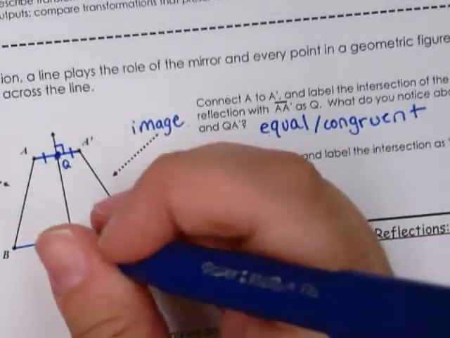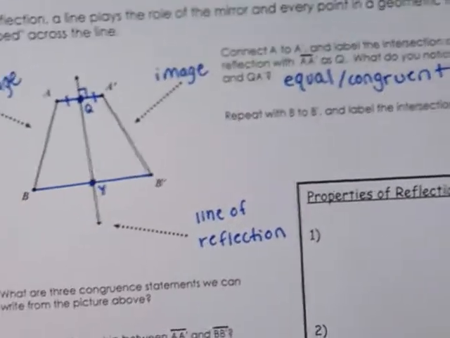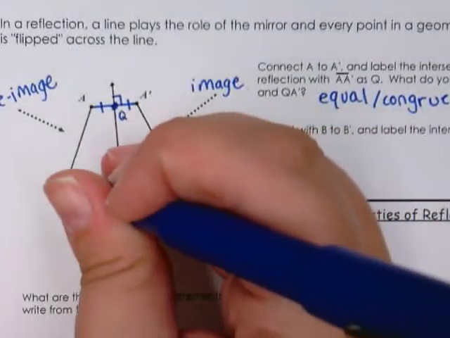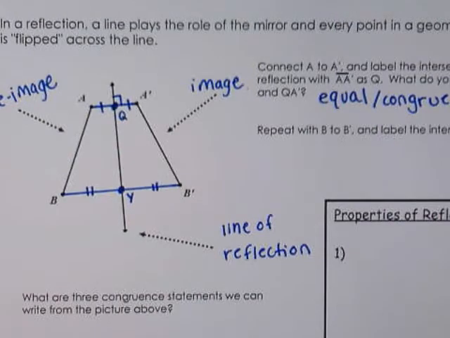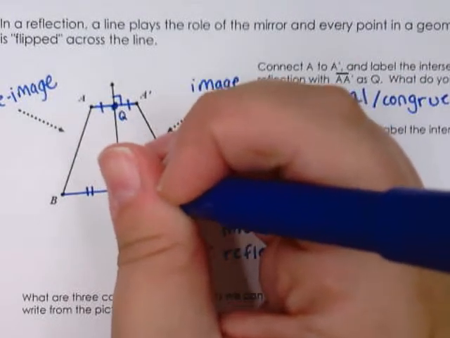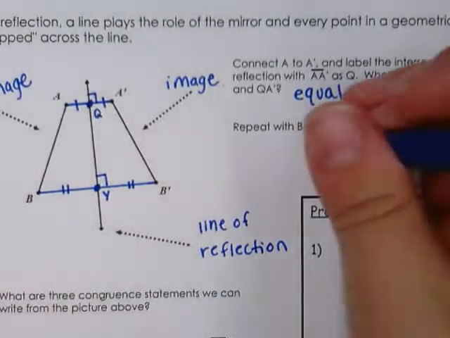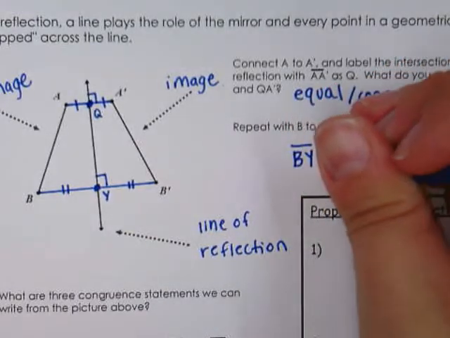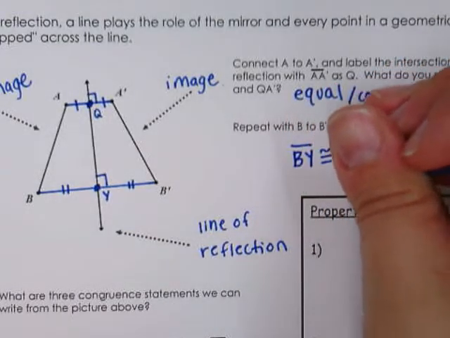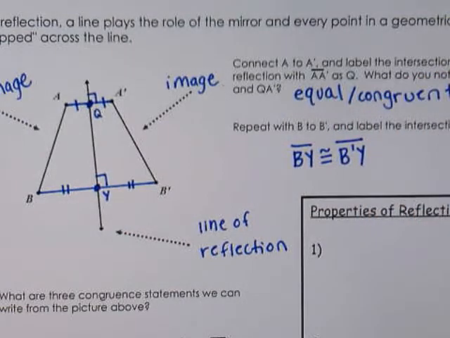And now that intersection we will label as Y. Now again, this new line that we drew has created two congruent segments, and these lines meet at a 90-degree angle. So when we do this, we create BY, which is congruent to B prime Y. We create two congruent segments.